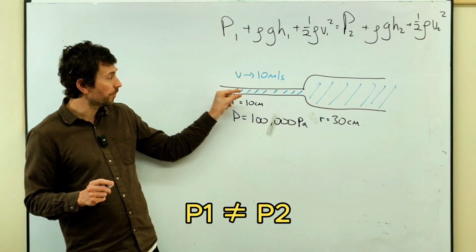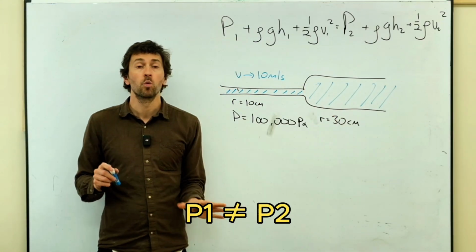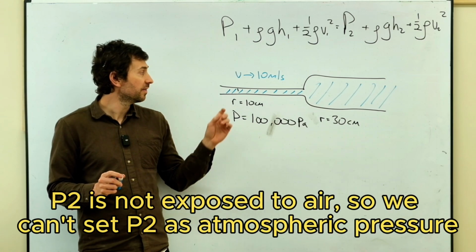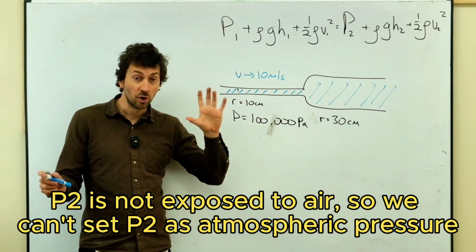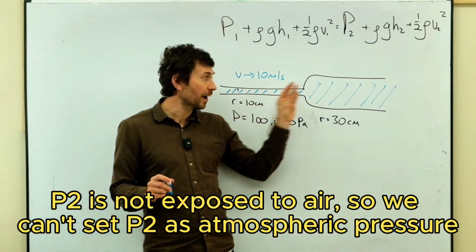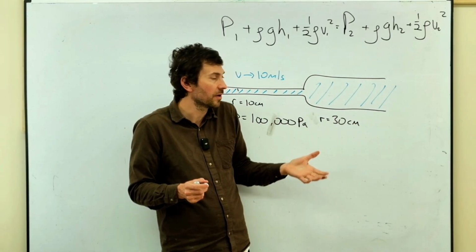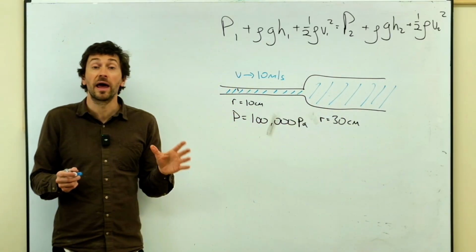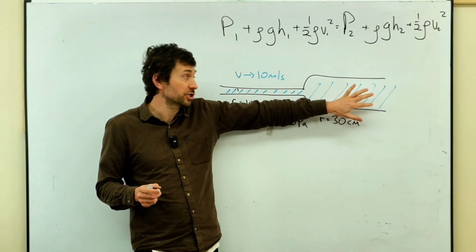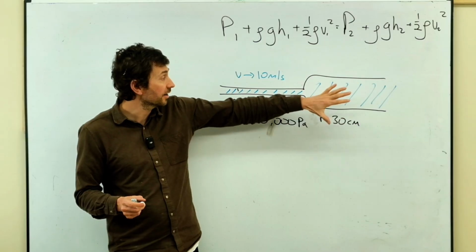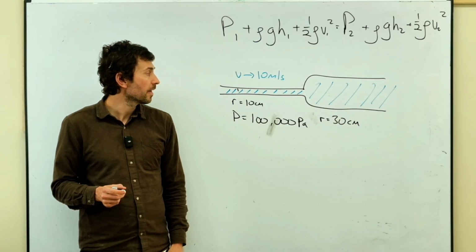So this part of the pipe and that part of the pipe will not be under the same pressure. I didn't say that they were both connected to atmosphere or something. This is just a pipe going in this far. We don't know what's going to happen. Maybe there's something on the end. It doesn't matter. But we didn't say the pressure is an atmosphere there, like we did in the last one. So we have to calculate what the pressure is going to be there.